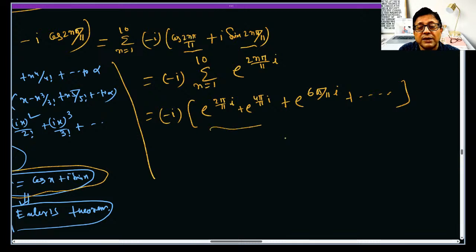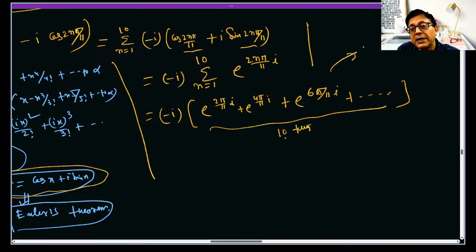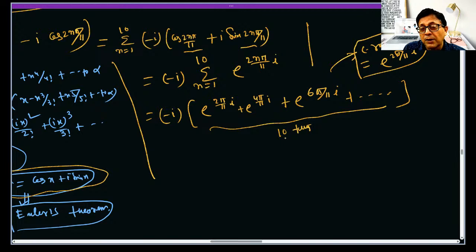How many terms are there? Number of terms equal to 10. And they are forming a GP. This GP has common ratio e to the power 2π/11 i.